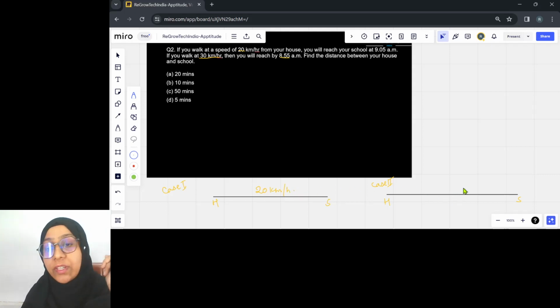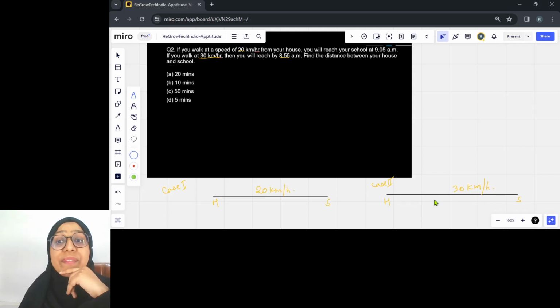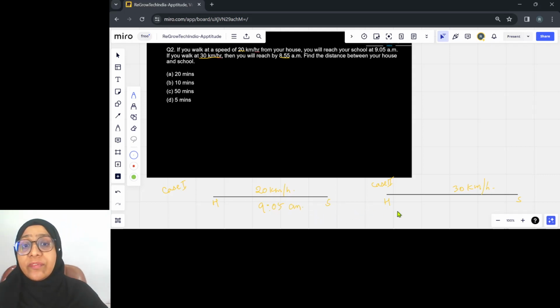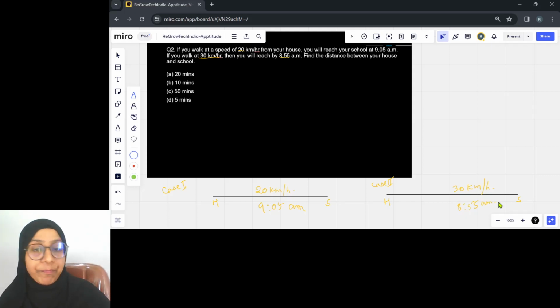In the second case, we are going 30 kilometers an hour. When we are going 20 kilometers an hour, we are reaching about 10 minutes late at 9:05 a.m. And when we go at 30 kilometers an hour, we are reaching 10 minutes earlier at 8:55 a.m.